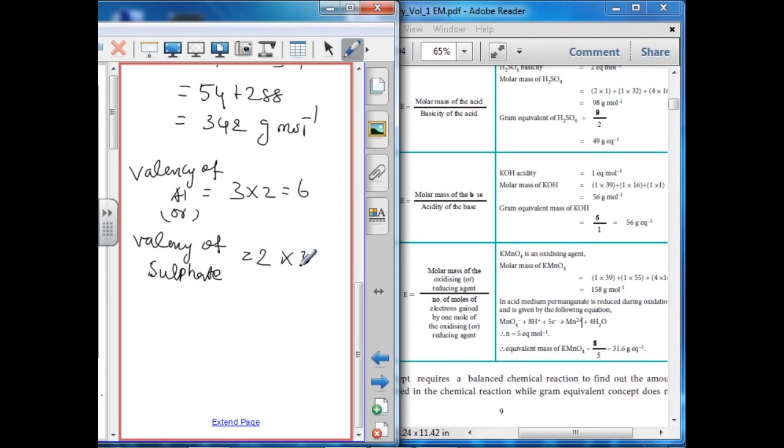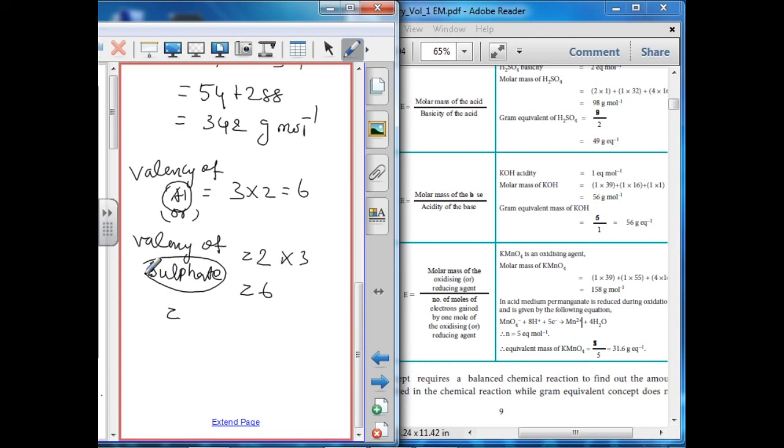There are 3 sulfate molecules present in the aluminium sulfate salt, so 6. So both are the same. So we use any one of the cation or anion. This is the cation, this is the anion. You can use any one of the valencies in the formula.